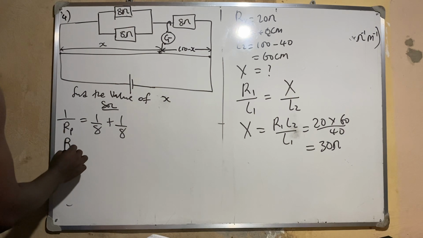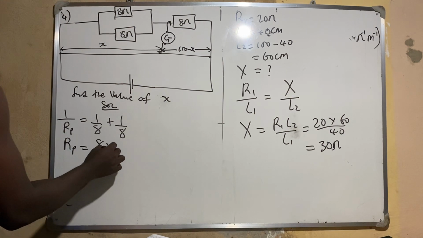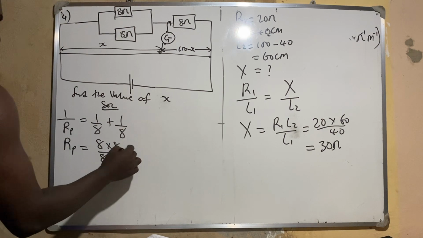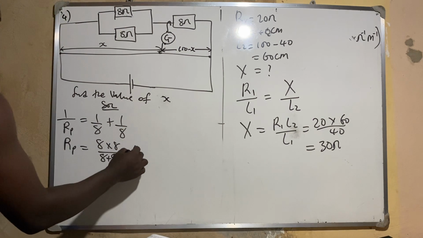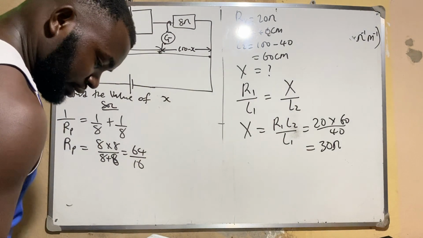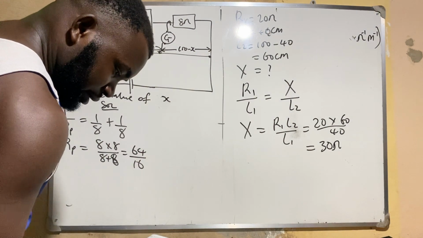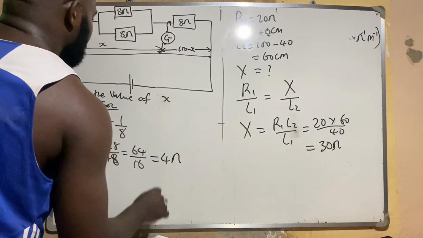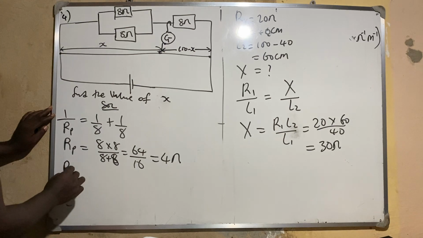So the R parallel, the short way I told you, is 8 times 8 divided by 8 plus 8. So 8 times 8 is 64 divided by 16. So I have 4. So this one is 4 ohms.